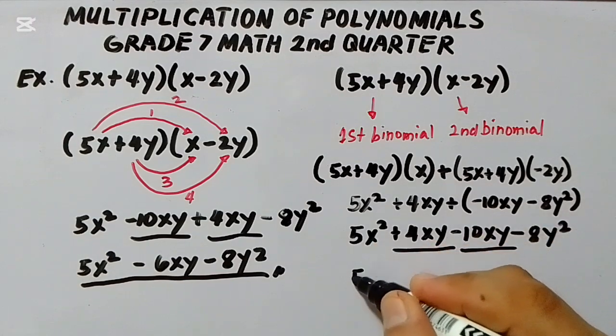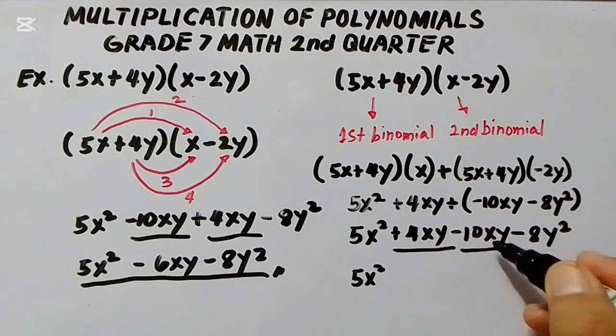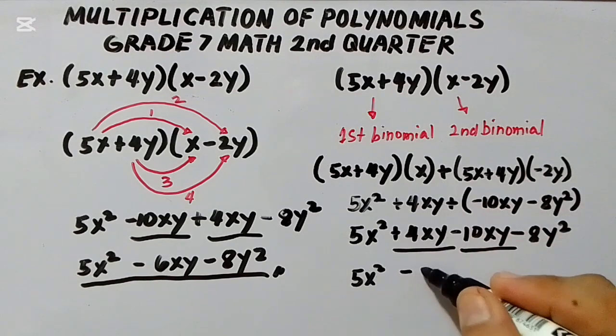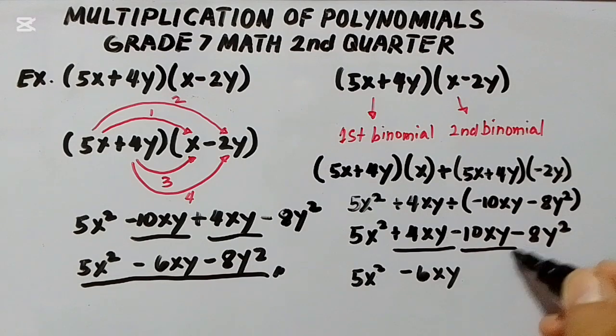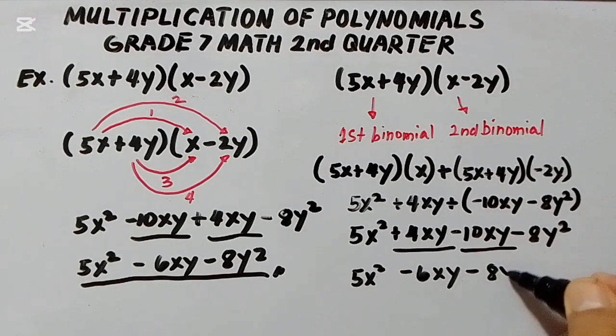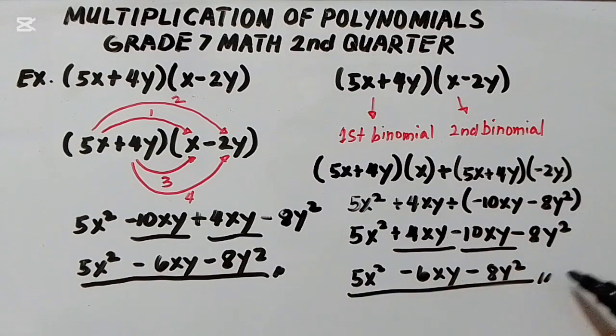So, copy 5x squared. Then, 4xy minus 10xy, that is negative 6xy. Then, copy negative 8y squared. Okay, so this is the product obtained after multiplying these two binomials.